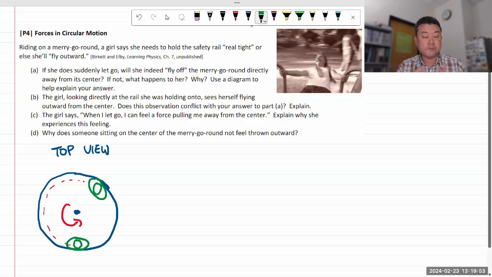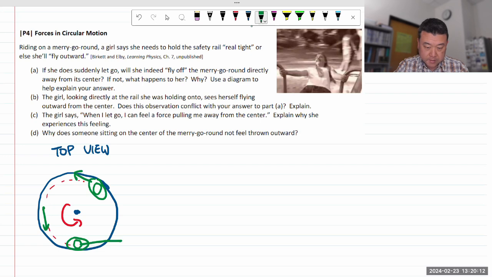So what you have to think about is her tangential velocity. She's been moving in circles. So at this point, she's undergoing tangential velocity, moving that way. And as she's moving around, the tangential velocity changes. It goes tangent to the edge of the circle. So at this point, her velocity is going straight to the right.